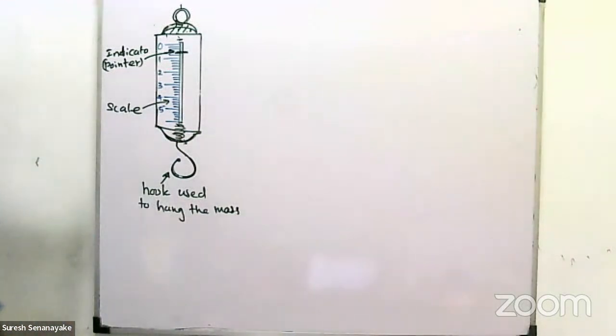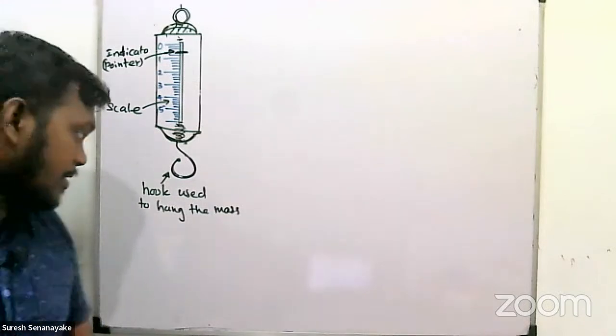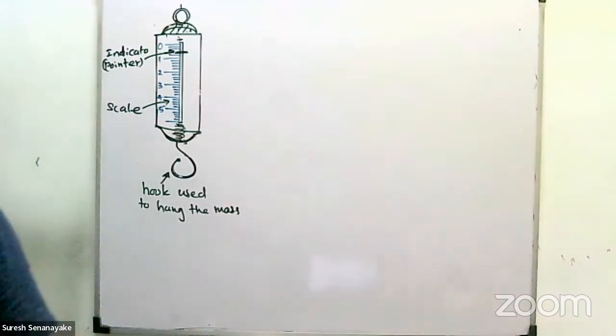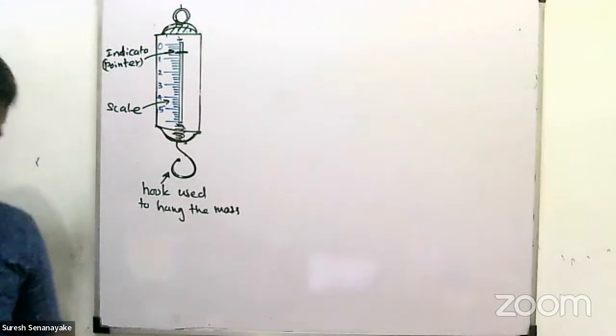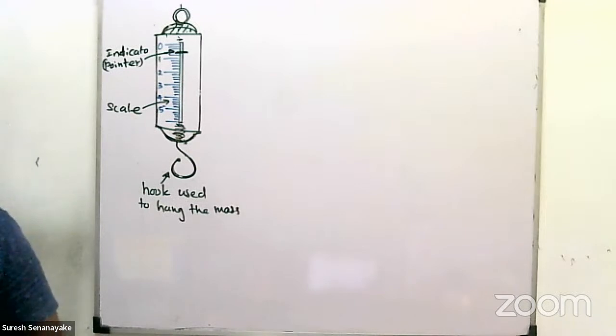First the known mass is hung on this balance, and according to the extension of the spring, the spring balance is calibrated.